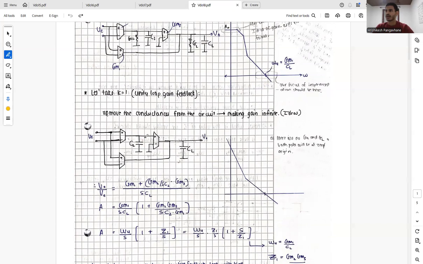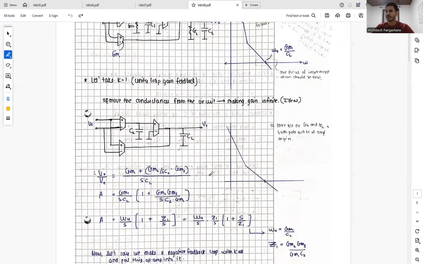If we remove the conductances from the circuit, we remain with this kind of circuit, where we have shifted both of our poles to 0, the zero point. So we can start our 20 dB roll off from here, not exactly 0, but we have shifted them way behind, and as there are no GO1 and GL, both poles will be near the origin.